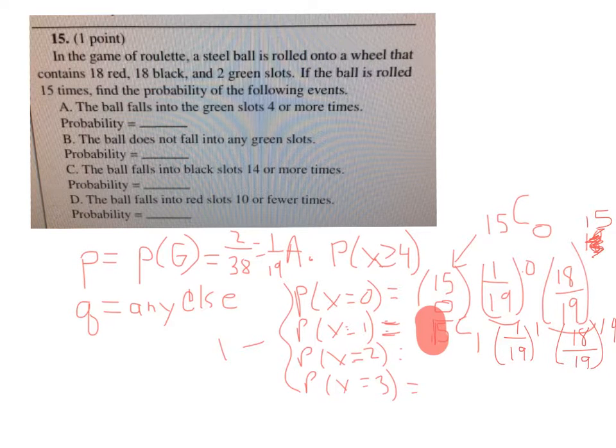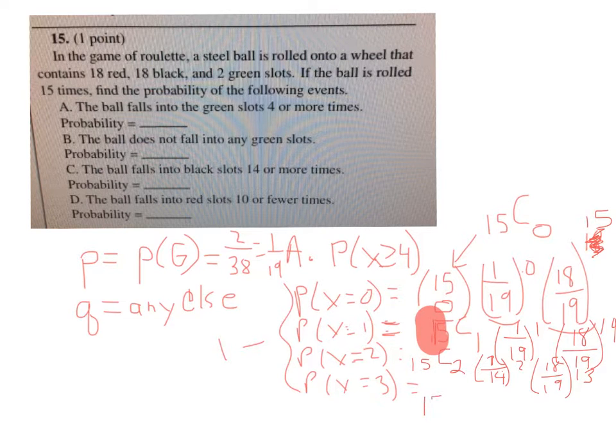So if we carry on with this idea, then we have 15 tries. We want 2 of them to be in the green this time, so we are going to have 1 over 19 to the 2, and then we're going to multiply by 18 over 19 to the 13, because 13 times it won't happen.